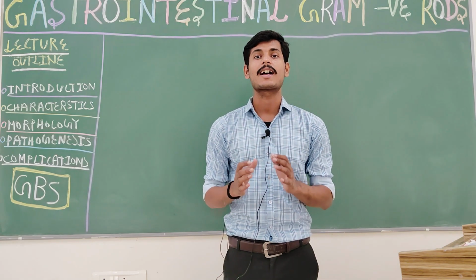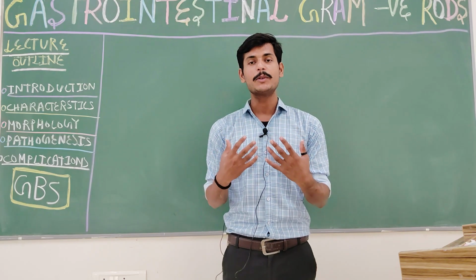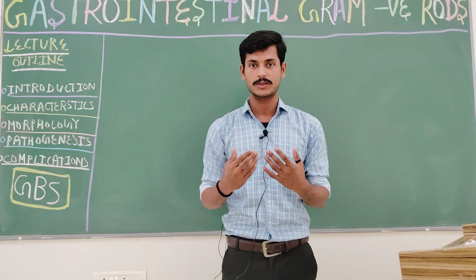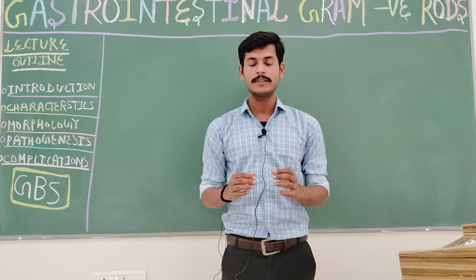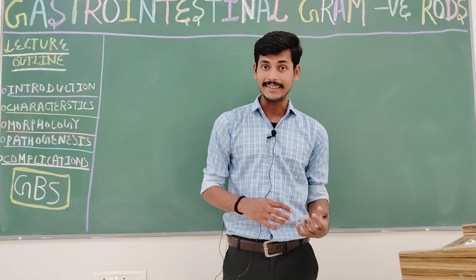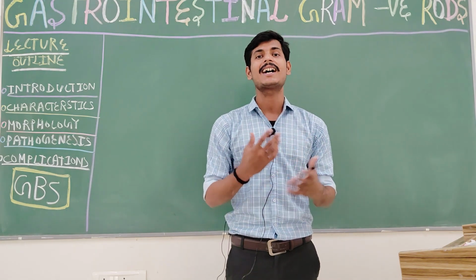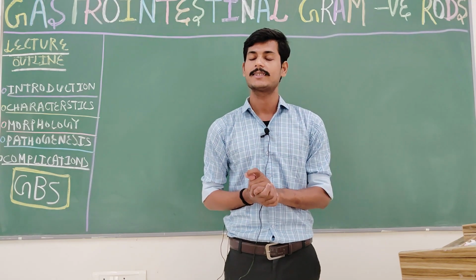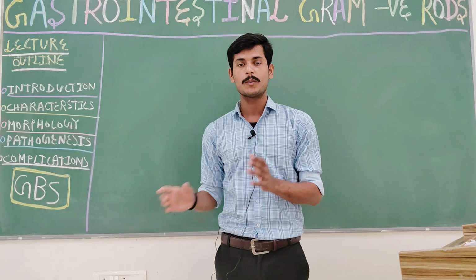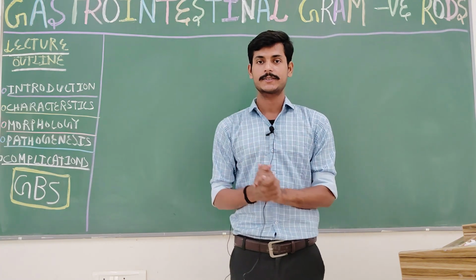Auto means self, and immune refers to the capacity to fight diseases. So here the immune system, which is designed to destroy foreign particles, mistakenly starts destroying our own cells, resulting in an autoimmune condition. So Guillain-Barré Syndrome is an autoimmune disease.